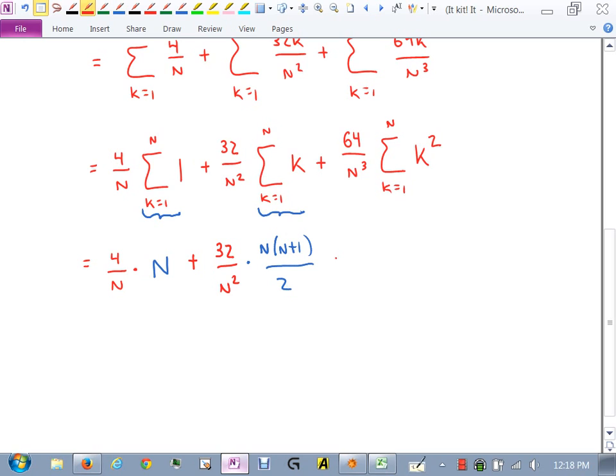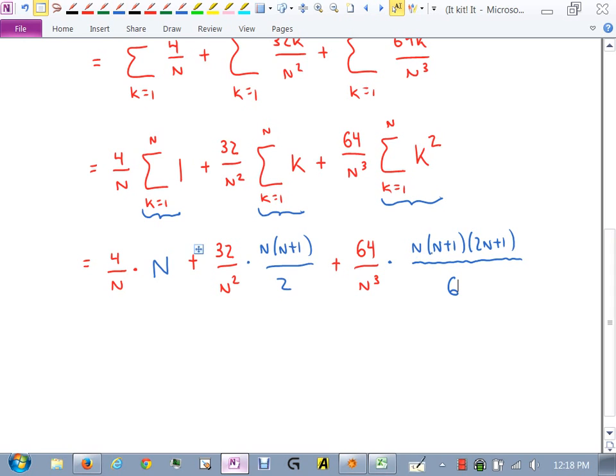And then the next one is 64 over n cubed times, now what does this formula turn into? That's not Gauss's, but it's n times n plus 1 times 2n plus 1 all over 6.